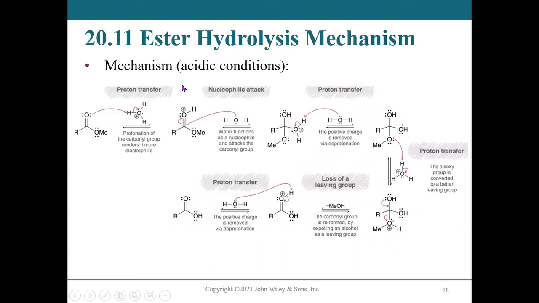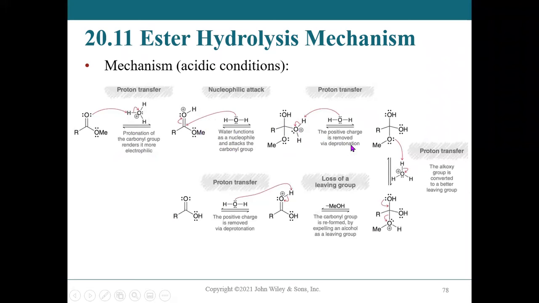And the mechanism is what we would expect under acidic condition, and is the reverse of Fischer esterification. So the ester hydrolysis mechanism under the acidic condition will be protonating the carbonyl oxygen first. So then we have the nucleophilic attack from water. Then we deprotonate the positive ion.